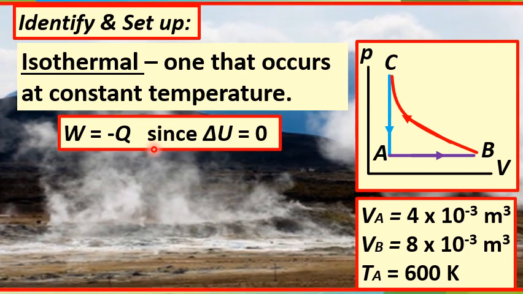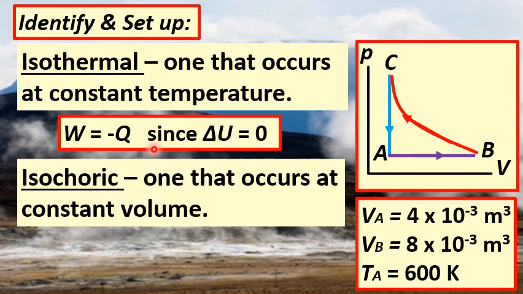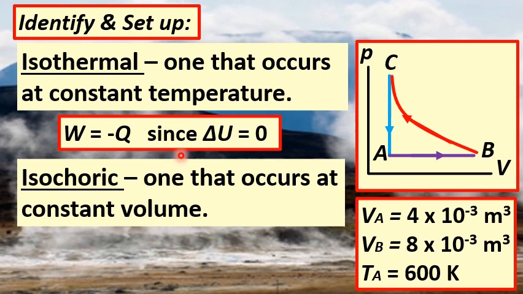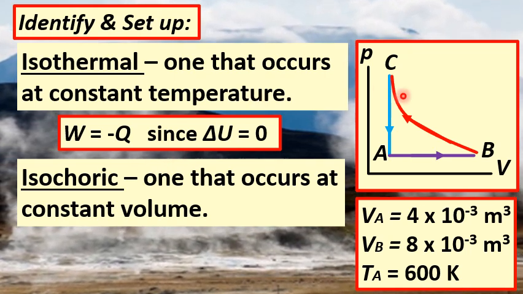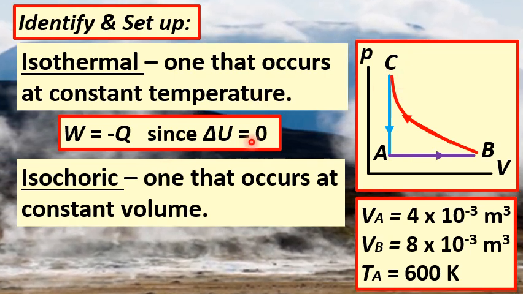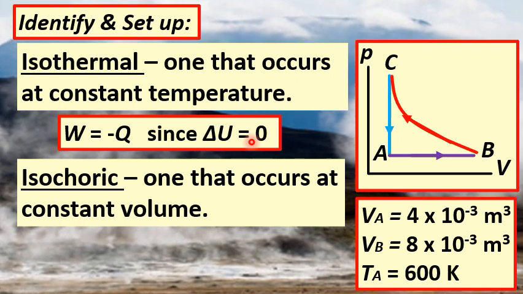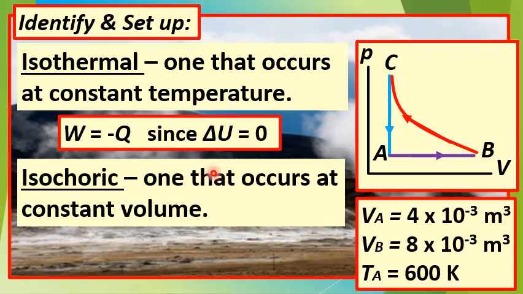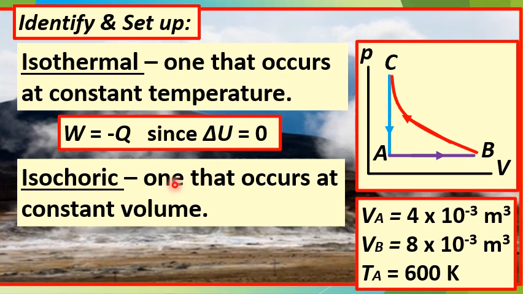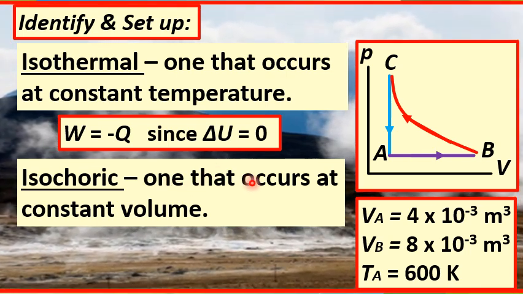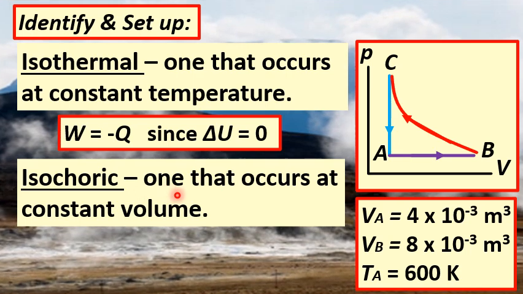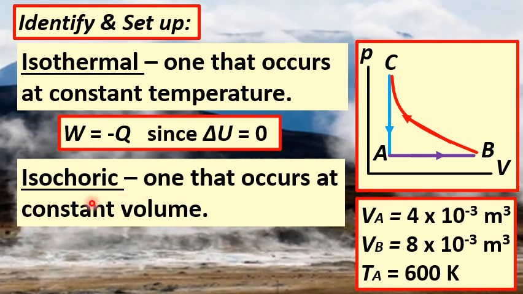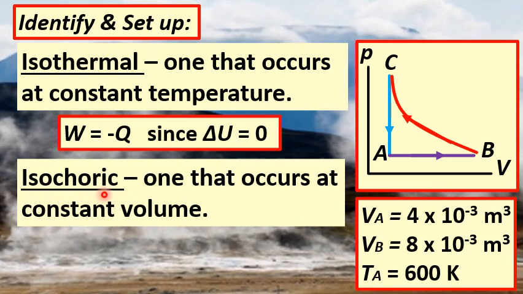So, from a higher pressure but lower volume, that's at state C, the gas is finally cooled at constant volume. A process with constant volume is referred to as an isochoric process.